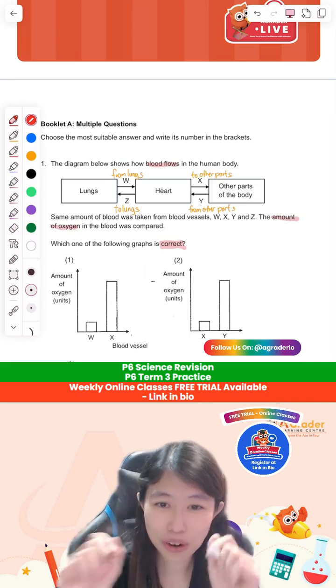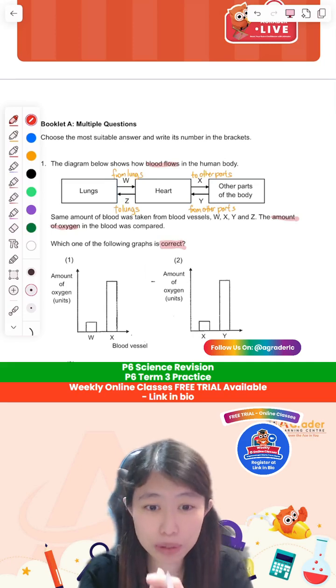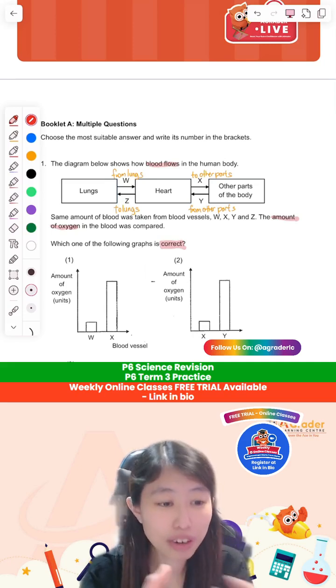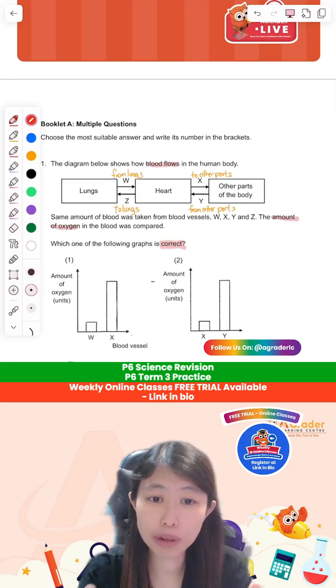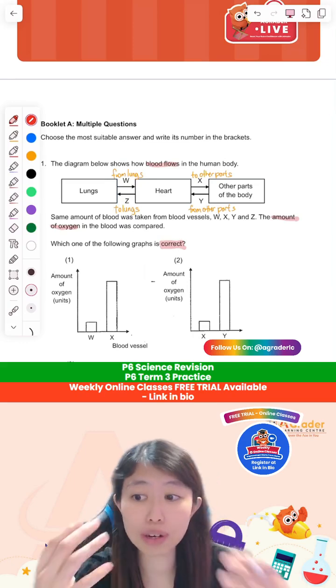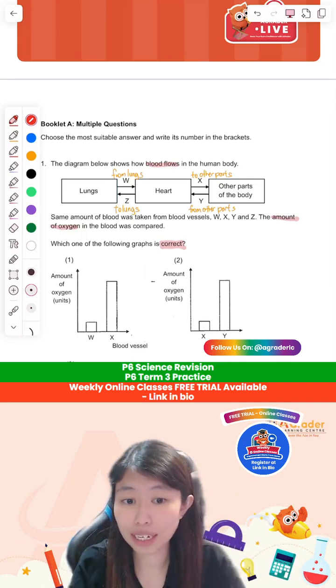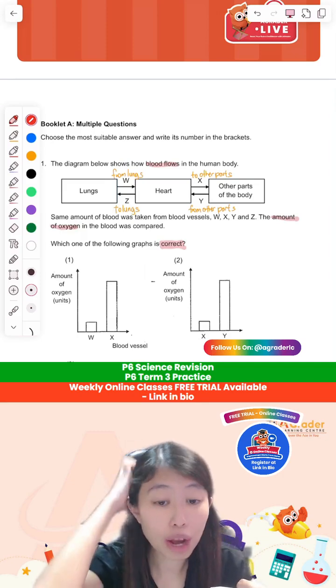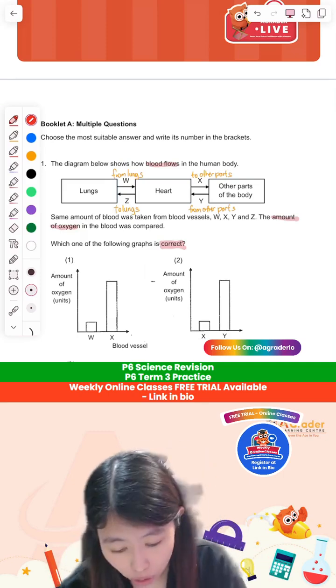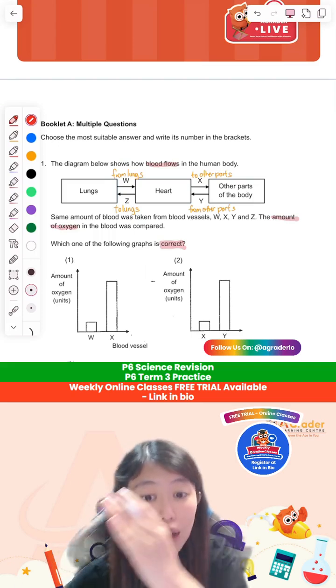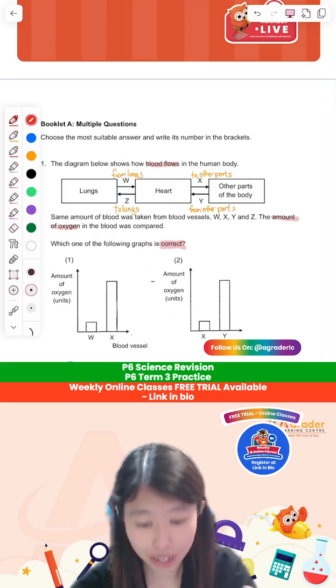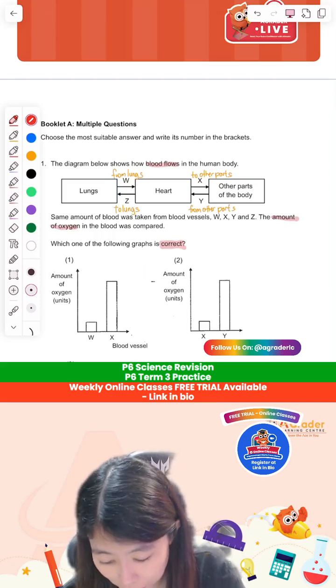Yes, W is the one that has it, very good, thank you, Shine. W is the one that has the most amount of oxygen. Why? Because the lungs help to take in oxygen and remove carbon dioxide from our blood. The blood that just comes out from the lungs and goes into the heart will have the highest amount of oxygen.